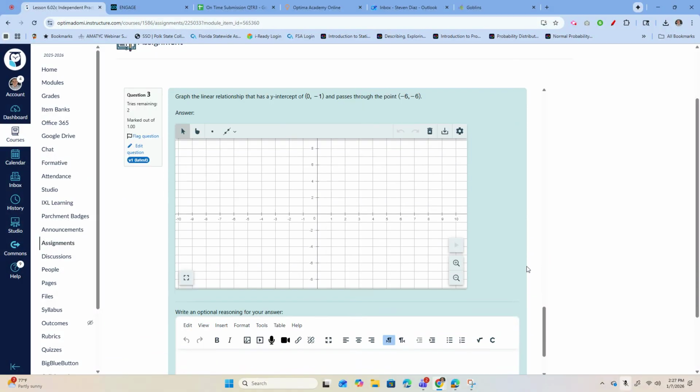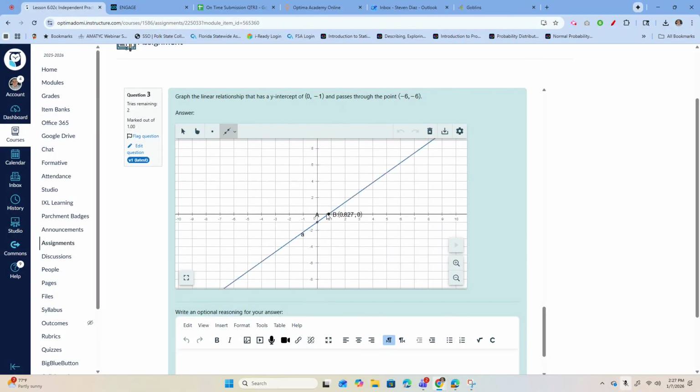Problem number 3, here they gave you the 2 points. The first point, 0, -1, we call that point the y-intercept. Why do they call it that? Because 0, -1, which you can see is right here, is on the y-axis. That's what we call the y-intercept.